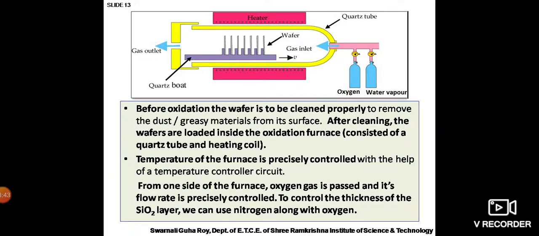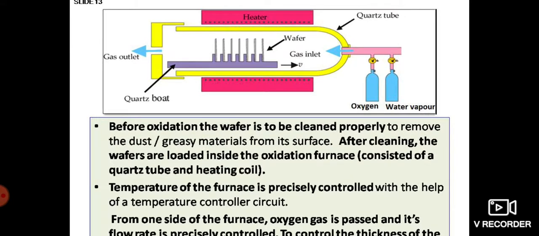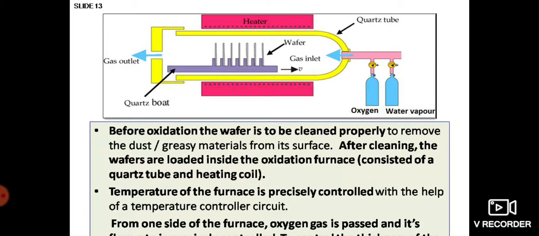Here in this figure you can see the picture of an oxidation furnace. The wafers are placed on the quartz boat. As I already told you, quartz is a material consisting of silicon and oxygen.